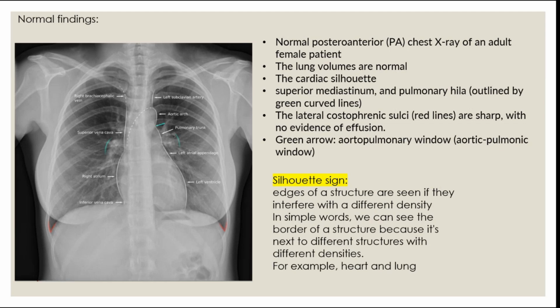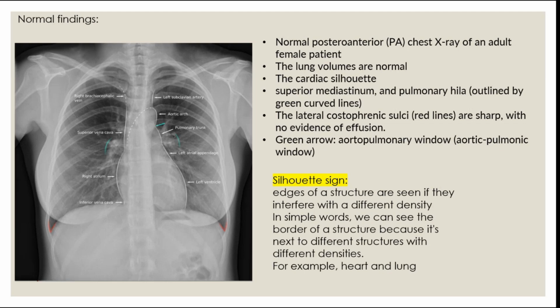This is a posteroanterior X-ray of an adult. It's written female patient. And we can see the lung volumes. We can see the cardiac silhouette. What is a silhouette? It is the edges of a structure that are seen when they interface with a different structure with a different density.